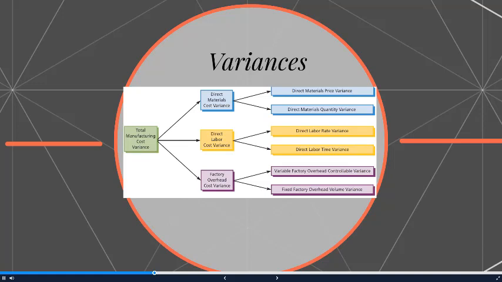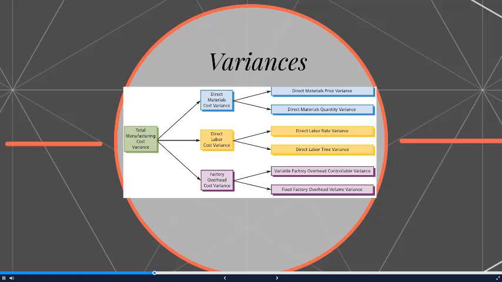Our direct materials price variance looks at the difference in price between our standard price, what we thought we should pay to purchase these materials, and our actual price, what we actually had to pay. We'll also look at the direct material quantity variance. How much materials did we actually use versus how much should we have used in making the product? And those two pieces come to our total direct materials cost variance.